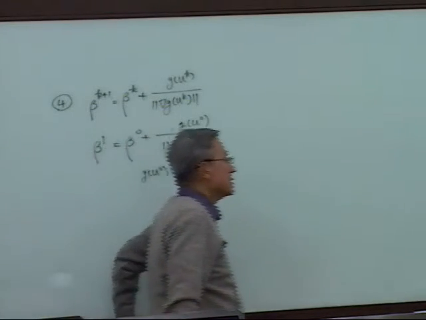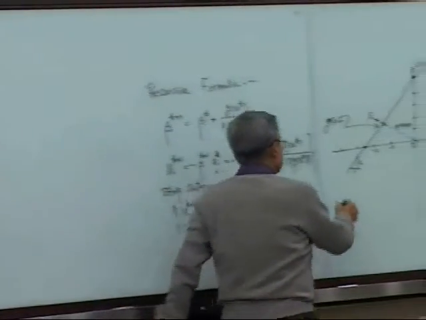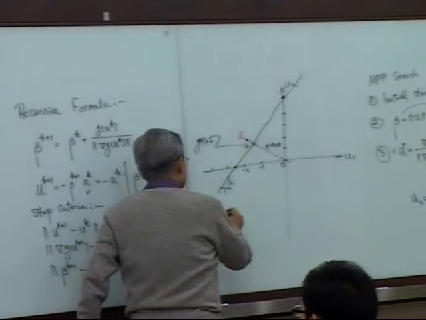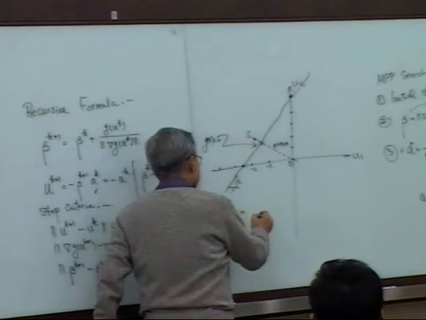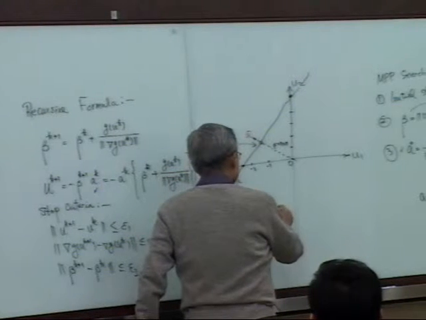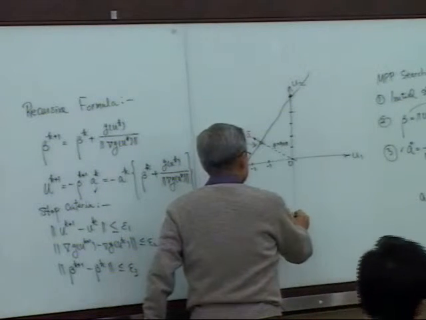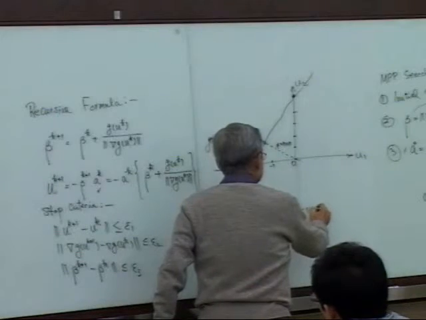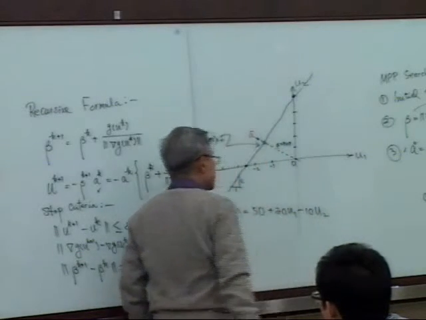G is equal to 50 plus 20 u1 minus 10 u2, is it correct?